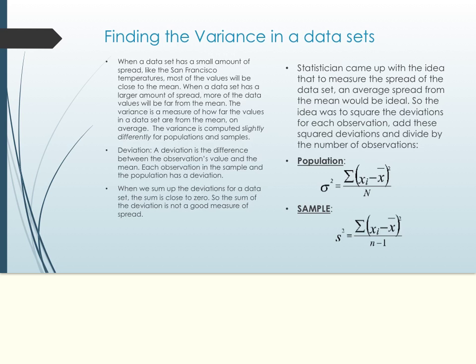So a deviation is the difference between the observation's value and the mean value. A deviation is x minus x bar for the sample. It's x minus mu for the population.